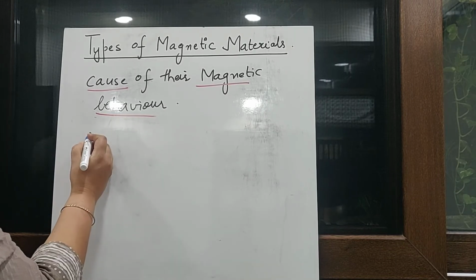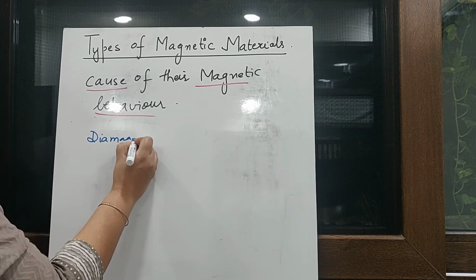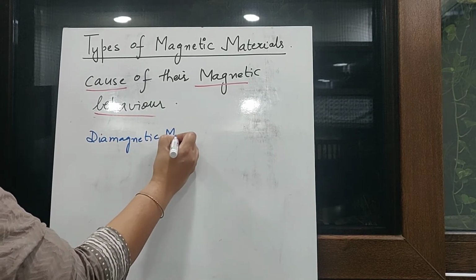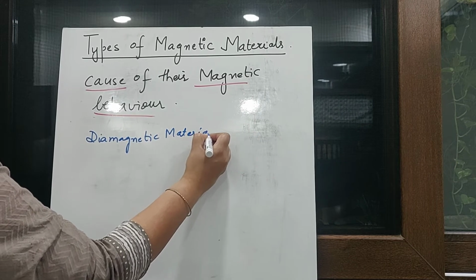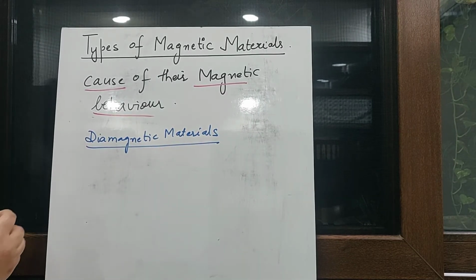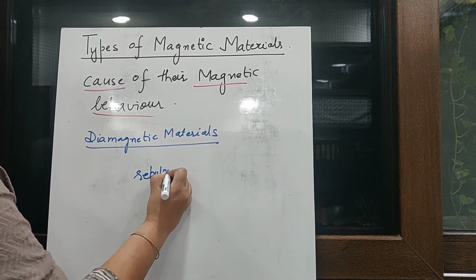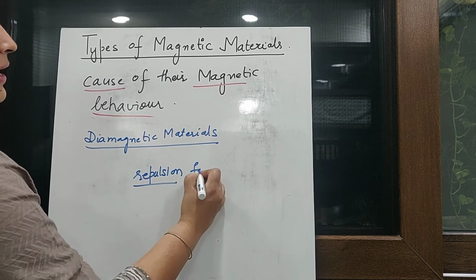So the third type of magnetic materials are diamagnetic materials, and the special thing about these materials is that instead of showing attraction, they show a repulsion for the magnetic field.